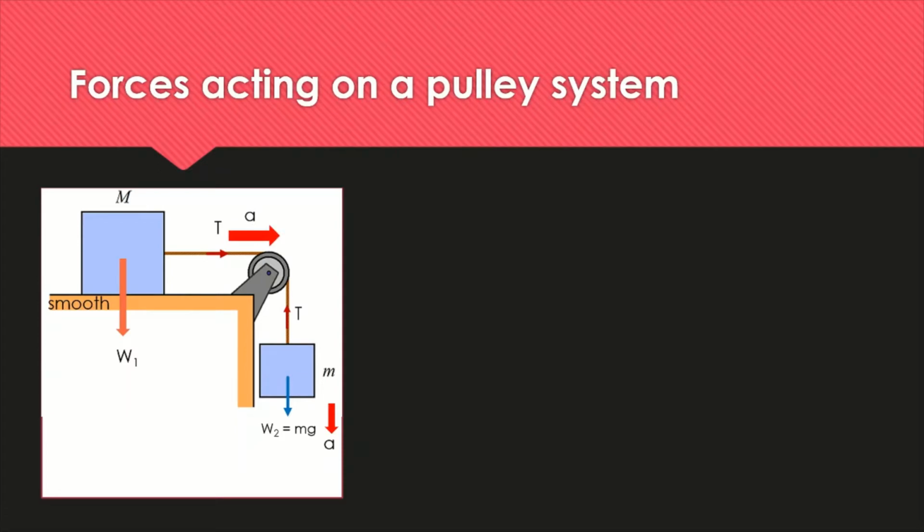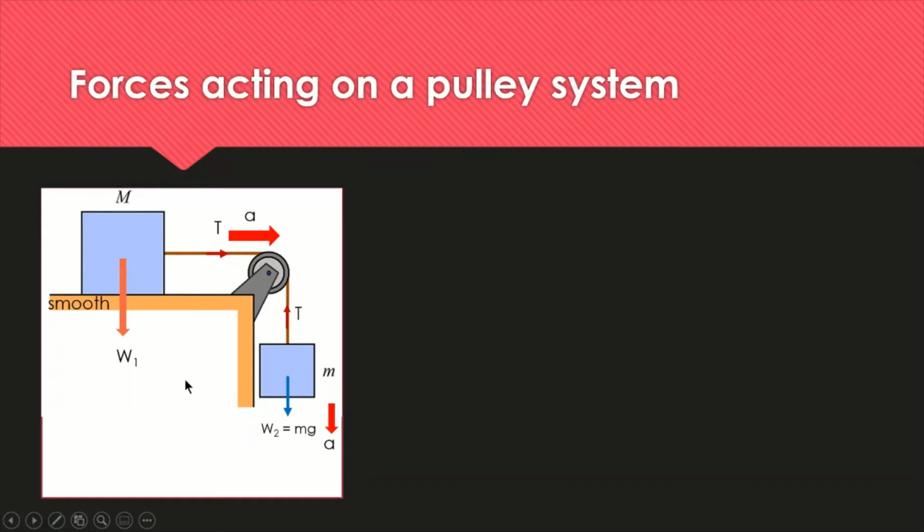The smaller load will move downwards. The bigger one that is placed on the table will be pulled to the right by this rope, because they are connected to the same rope. So both of these loads will be moving with the same acceleration A.